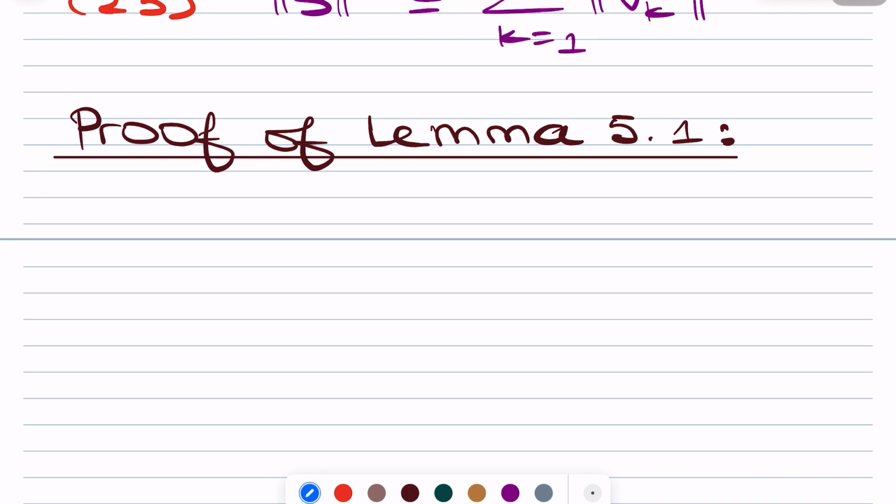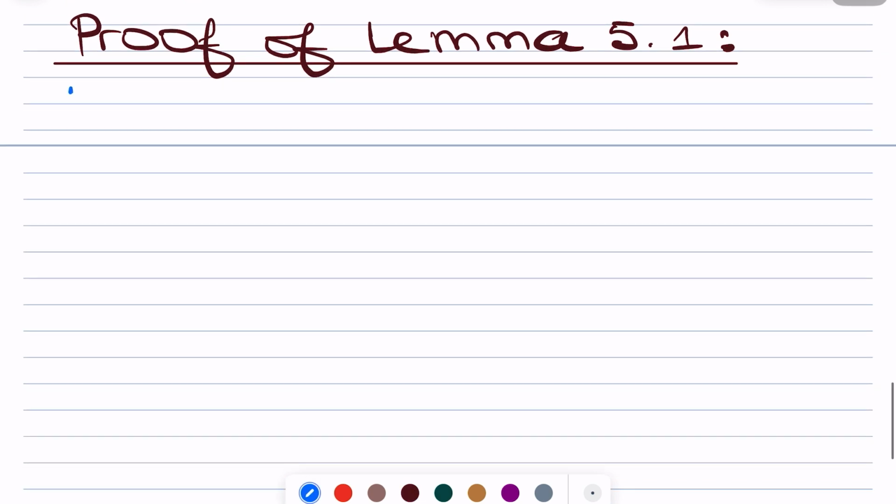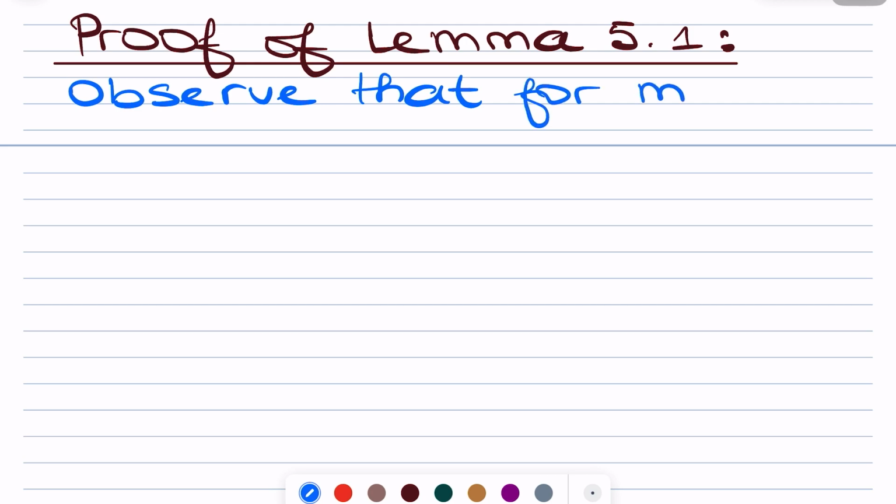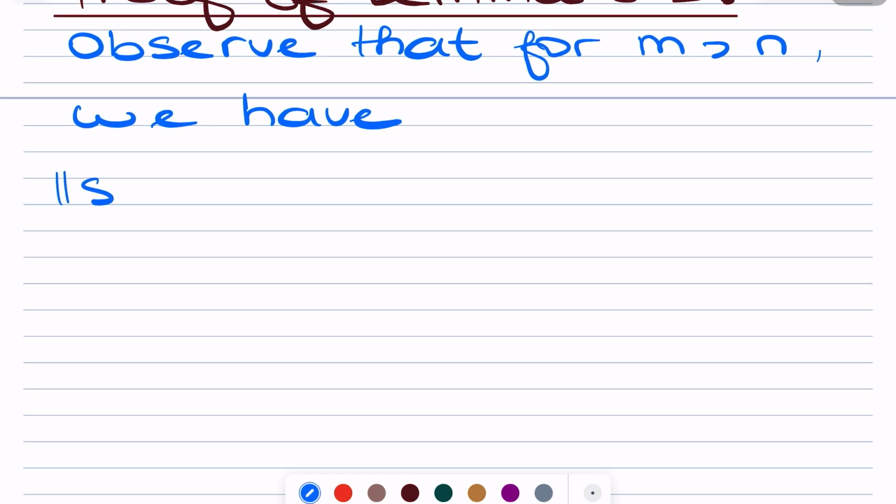Well, now observe that for m strictly greater than n, we have the norm of Sm minus Sn.